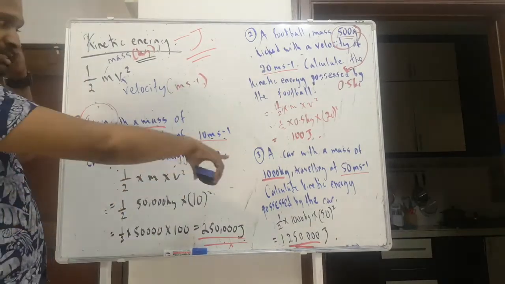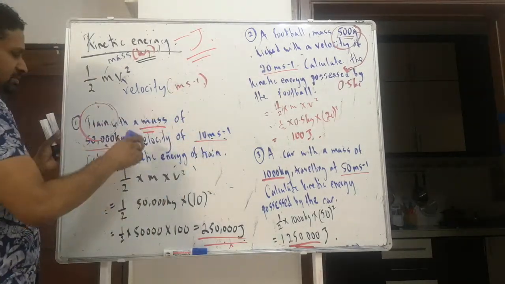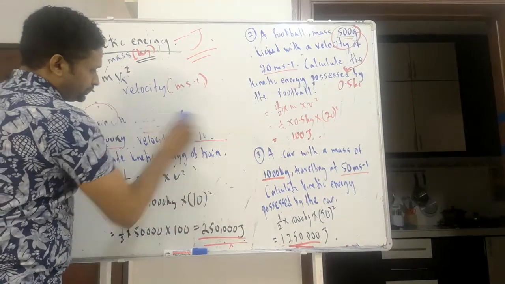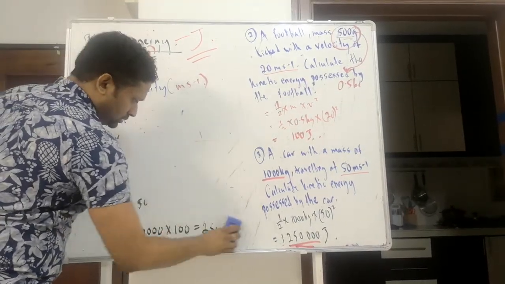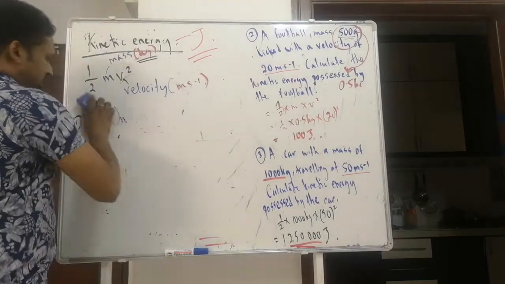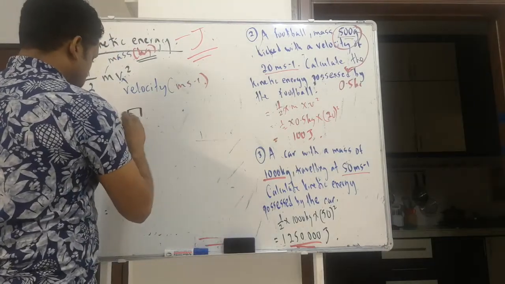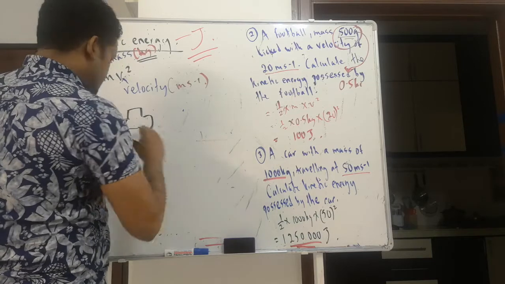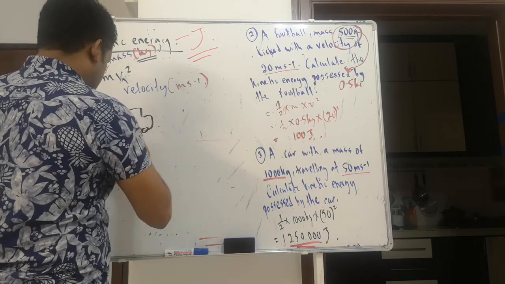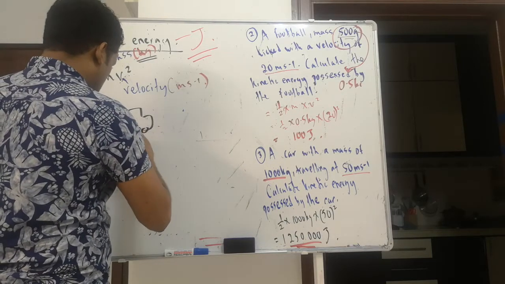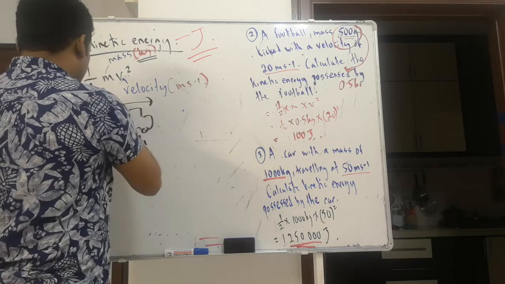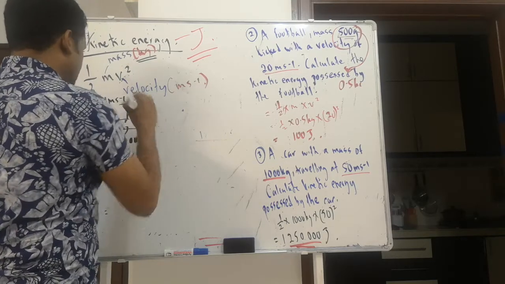Now let's take one more example, guys. Let's just say the same car here, car A, is 1000 kg, moving at 50 meters per second.